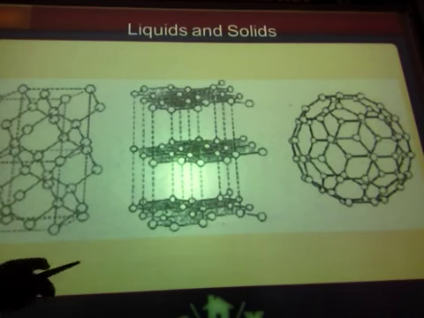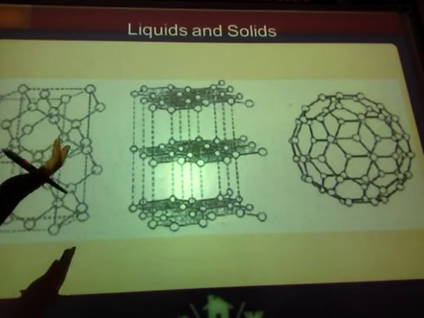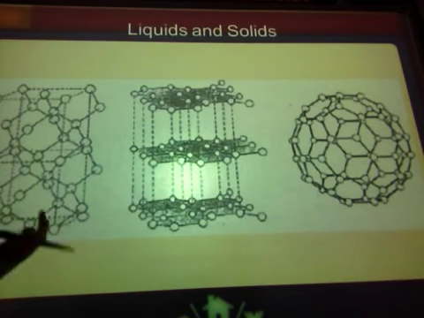So it's kind of cool. The last one here are buckyballs, and buckyballs are pretty new. They have been under a lot of research lately, especially in the cancer field, but it kind of looks like a soccer ball. So these are our 3 different types of covalent networks for carbon.